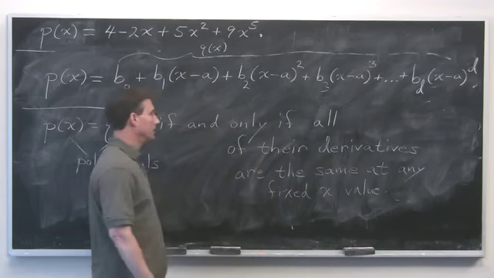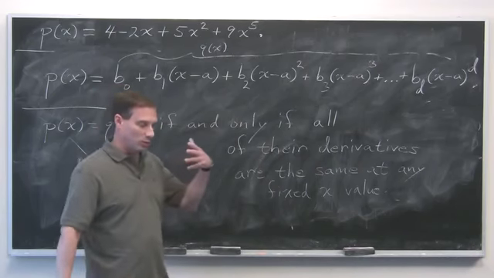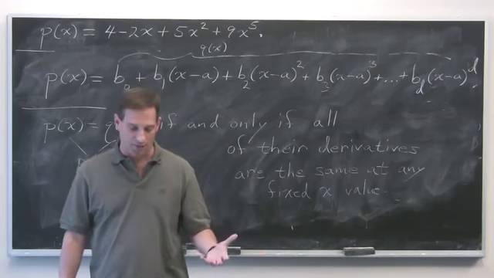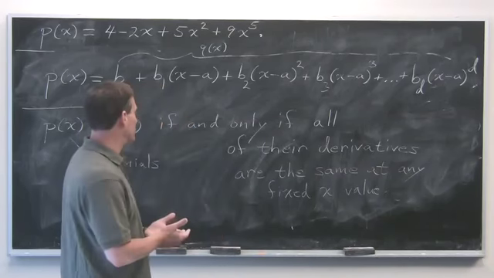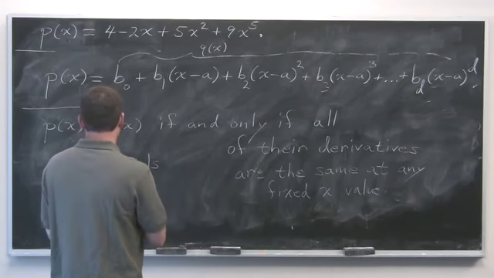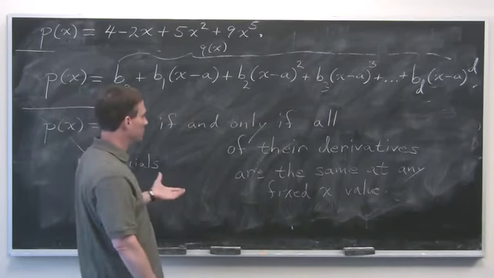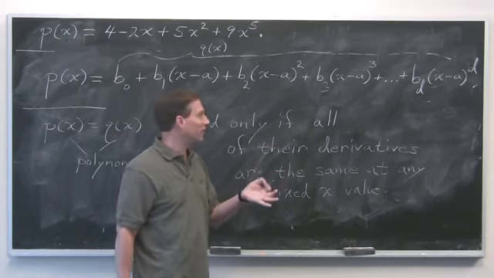And in fact, you don't need all of their derivatives for them to be equal. We know their degrees have to be equal, so you could just say all of their derivatives up to the degree of the polynomials are the same at any fixed x value.